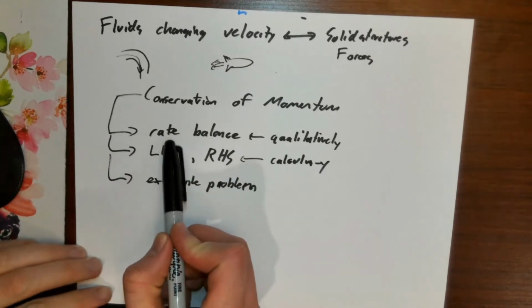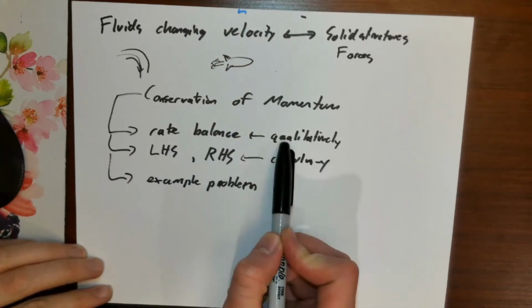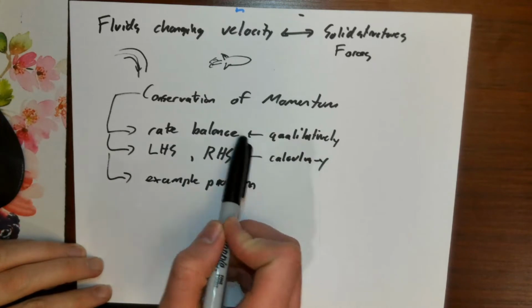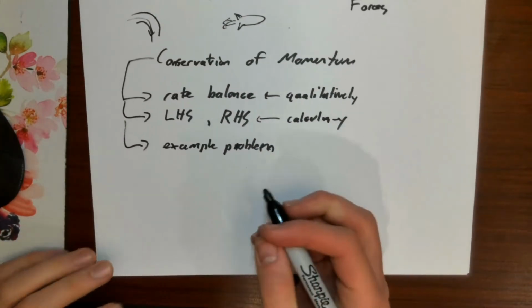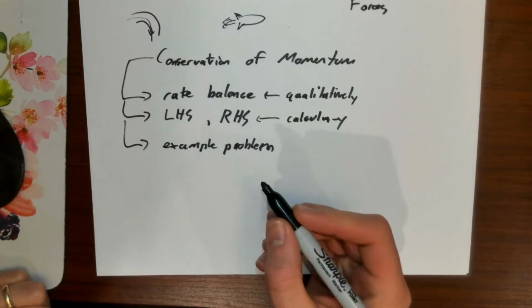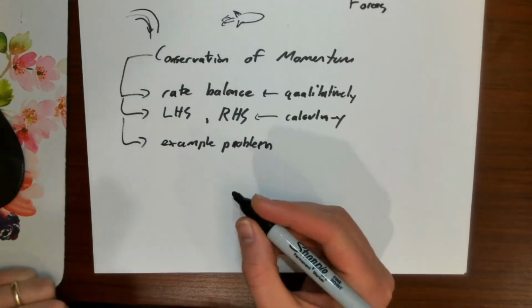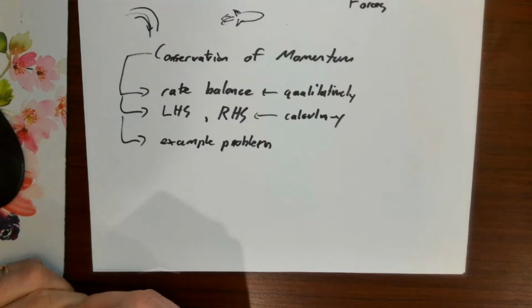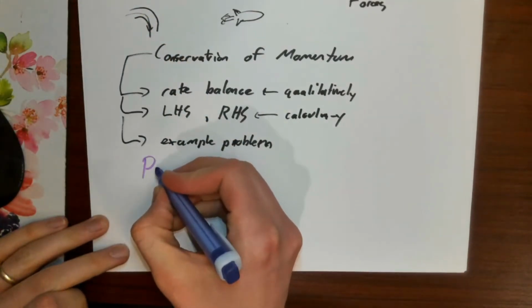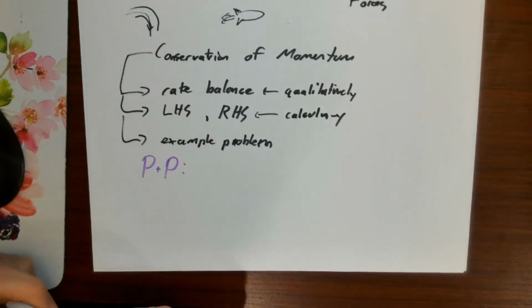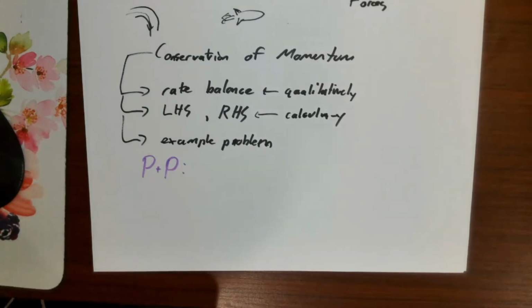So before I get too deep into this rate balance, balancing rates of momentum, let's take a step back a little bit. Perhaps dust off the physics or the mechanics or biomechanics notes and answer this pause and ponder question for me.